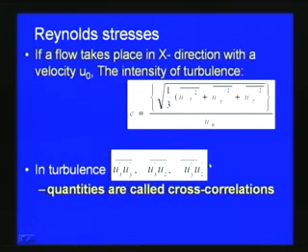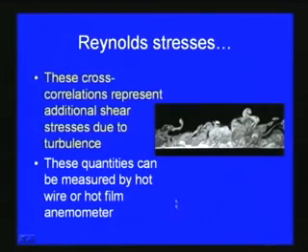And these quantities like u x dash u y dash bar, u x dash u z dash bar, u y dash u z dash bar are called cross correlations.